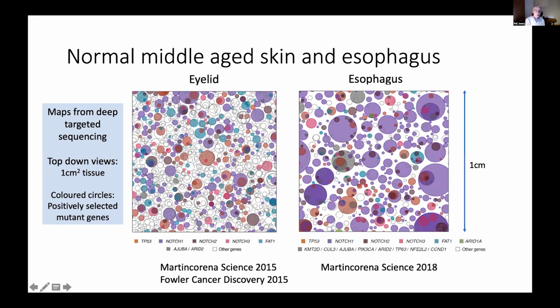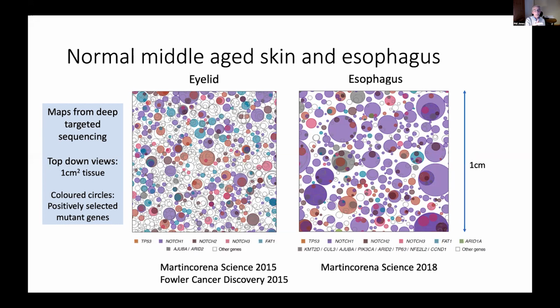The colored circles are genes under positive genetic selection, so with an excess of protein altering over silent mutations, which is our metric for defining a gene that's driving clonal expansion. You can see that 20 to 30% of normal skin by middle age is colonized by genes that are driving clonal expansions, and these same genes are occurring at high prevalence in keratinocyte cancers of the skin.